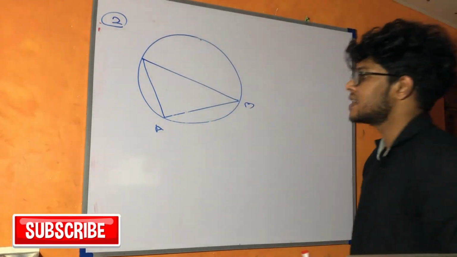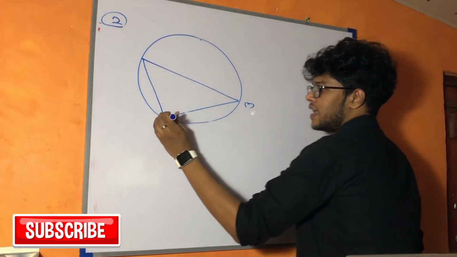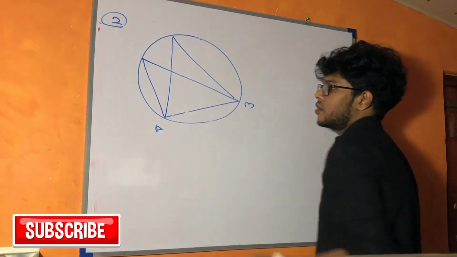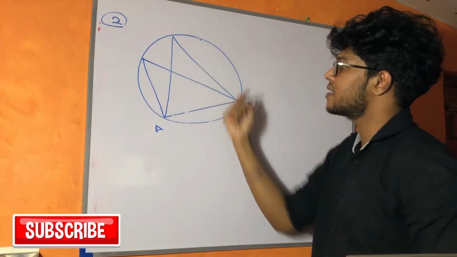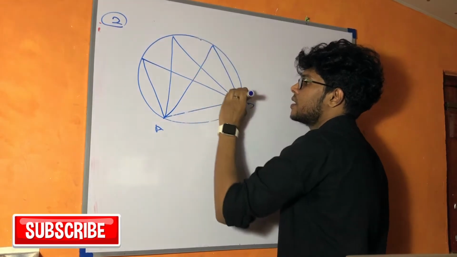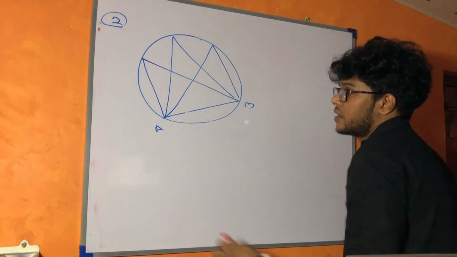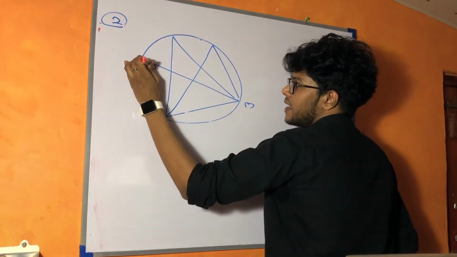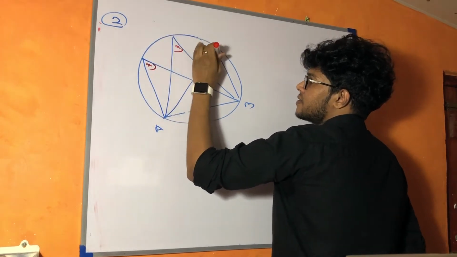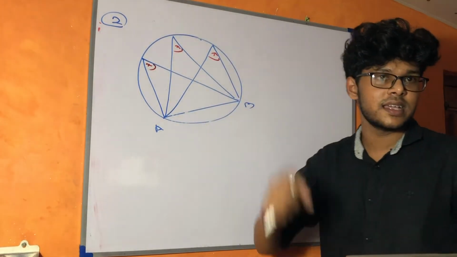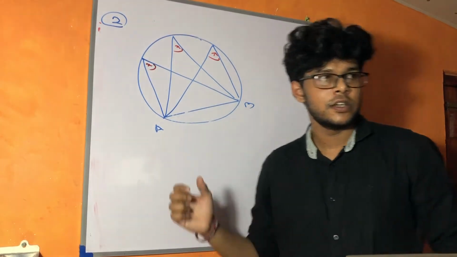The angles subtended by the chord on the same segment, not this segment, on the same segment, are going to be equal. So if this one is x, this is going to be x, this is going to be x. So all these angles are going to be x.